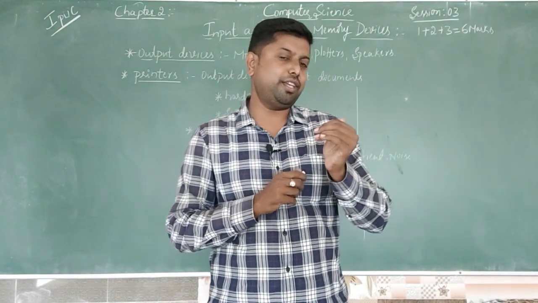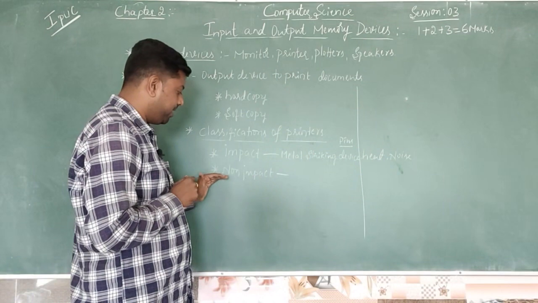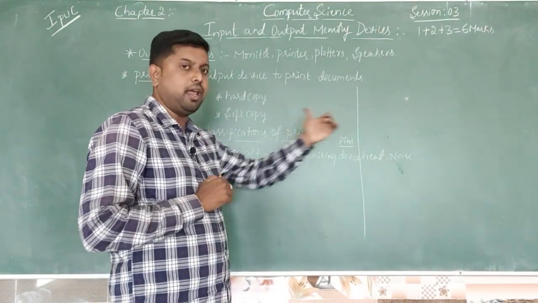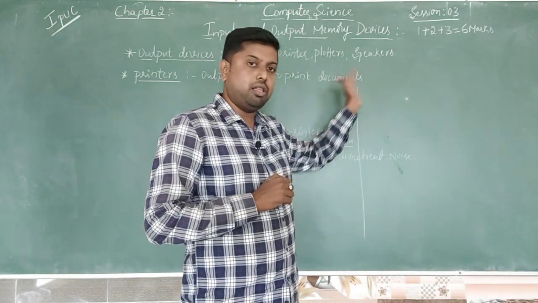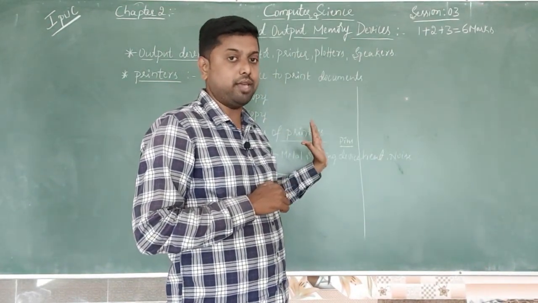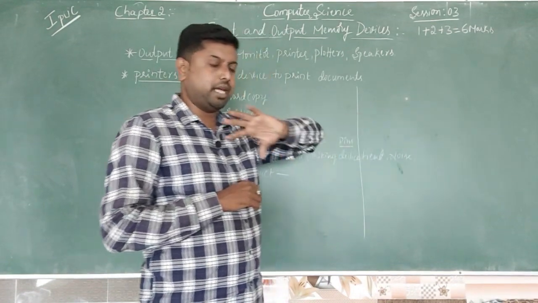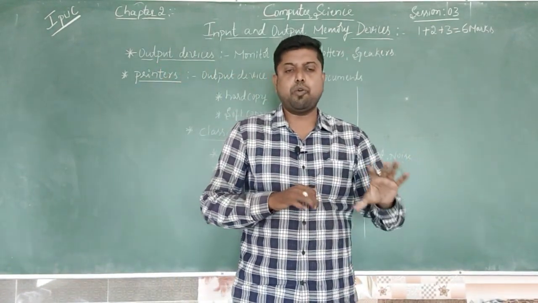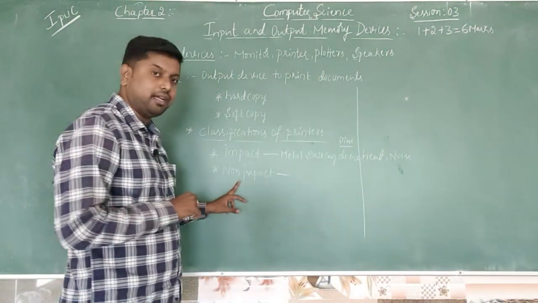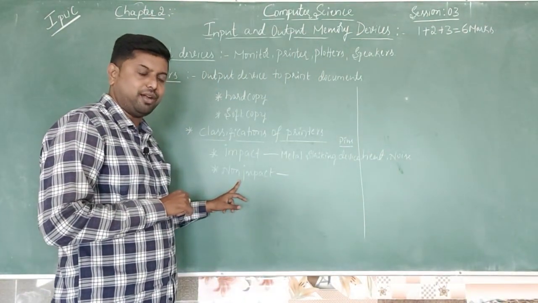Then if I come to the second category, non-impact printers. In detail we will see what the major differences between impact and non-impact printers are, character-wise, later, but for now a general brief idea about these two devices. Let us come to the second category, that is non-impact printers.